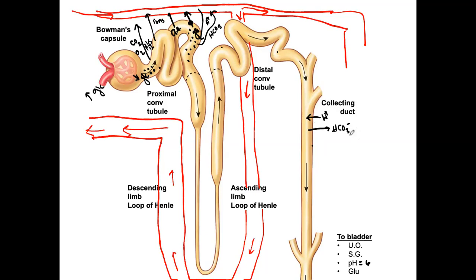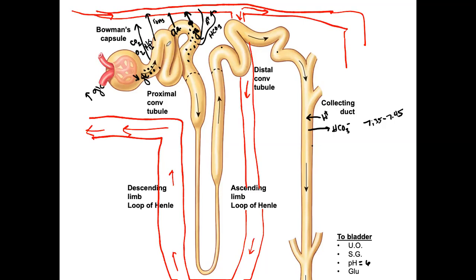And so bicarbonate is going to, remember it's a buffer, so buffer maintains the pH of whatever solution it's in, so it's going to maintain the pH of the bloodstream, 7.35, 7.45, right? Okay.